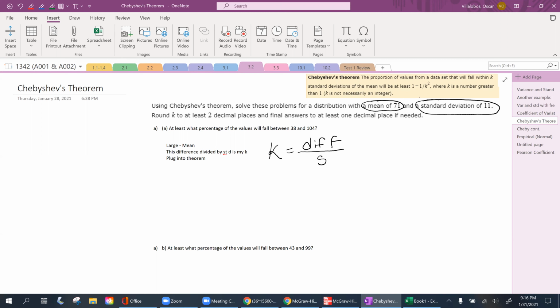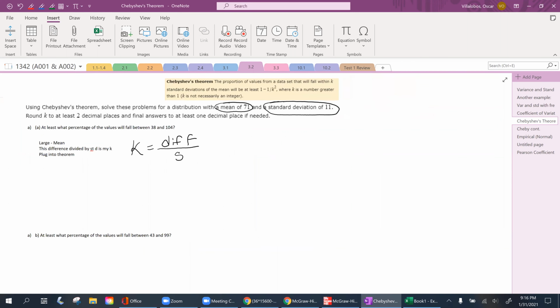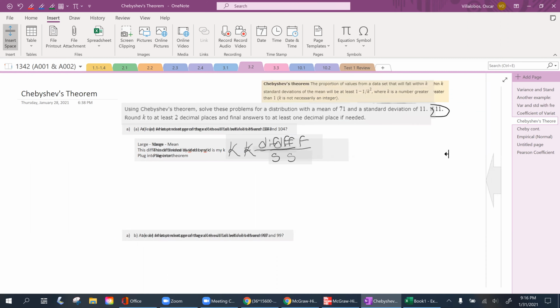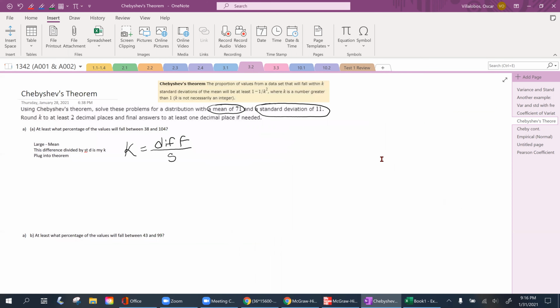Step 1. Let's go ahead and stretch out this way. There we go. So step 1 is you're going to want the large value, and you're going to subtract the mean that was given to you from it.